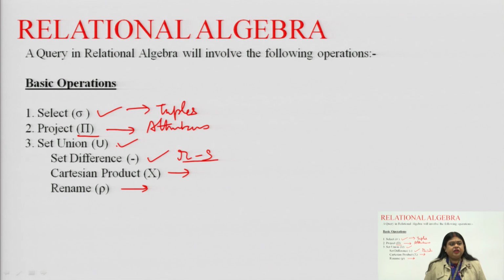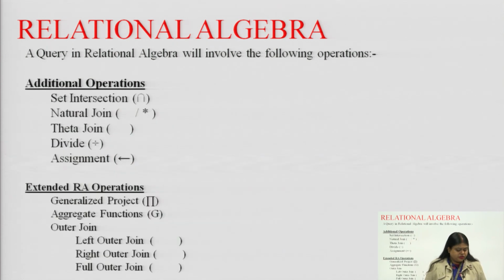Apart from that, we have some additional operations. You can see the additional operation, the set intersection operation. Why do we call the intersection operation an additional operation? Because it is an extension of the set difference operation, right. So, we do not keep it in the basic category, we keep it in the additional category. Then we have the natural join. We all know about joins, where we join one relation with another based on some key, right.